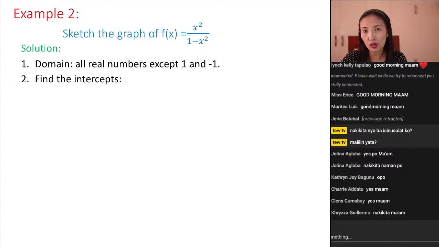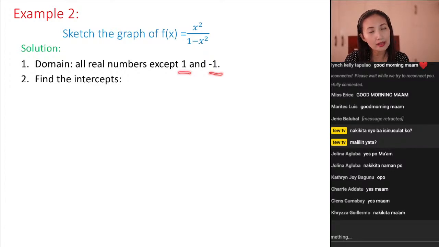Now, what's the domain of this function? Obviously, the function is not defined at x equal to 1 and negative 1, because the denominator, 1 minus x squared, becomes 0 the moment x is positive 1 or negative 1. Therefore, the domain is all real numbers except 1 and negative 1.